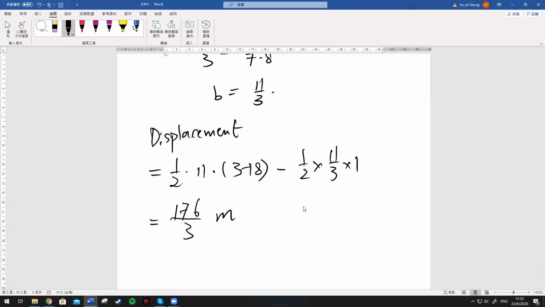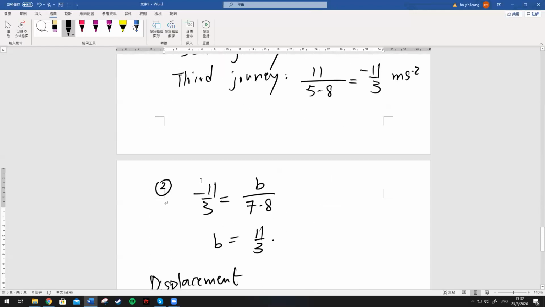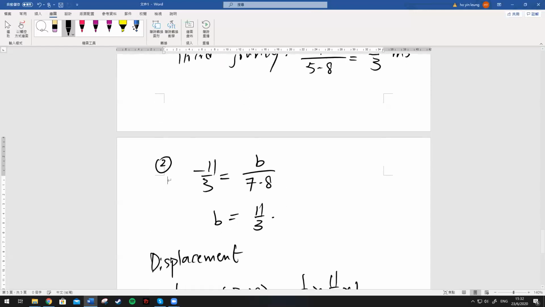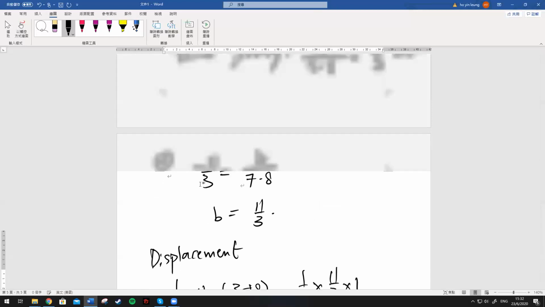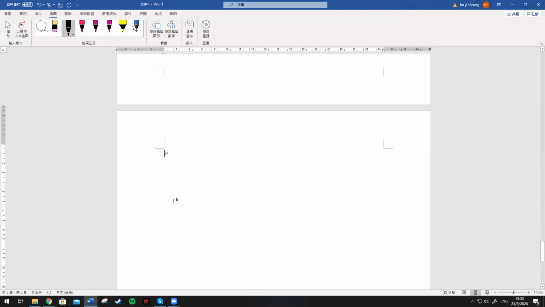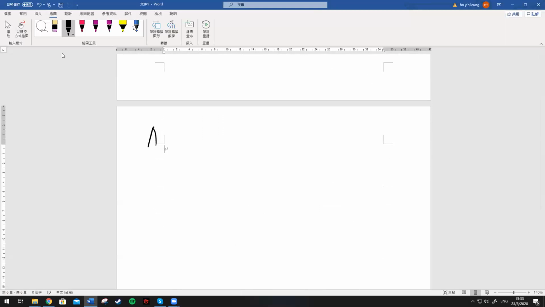So you need to know 2 things. And then another example here, it will be like this. We have a particle, so let's write down the description first. A particle moves along a straight line. That's the first condition given.